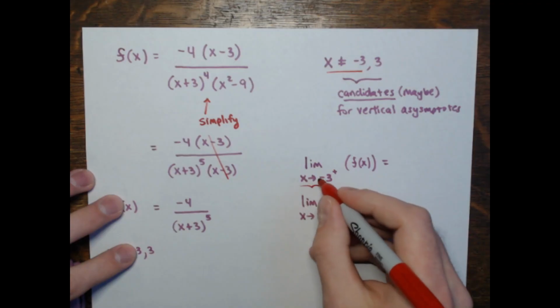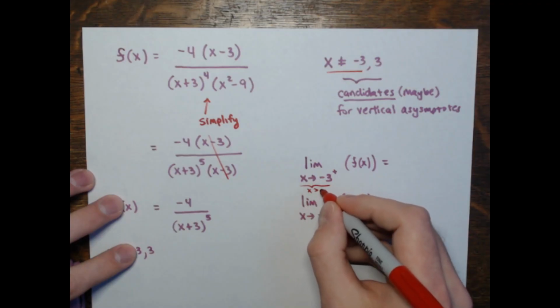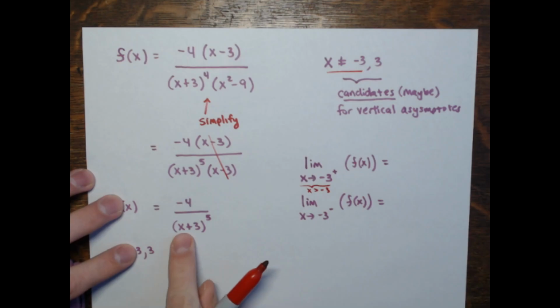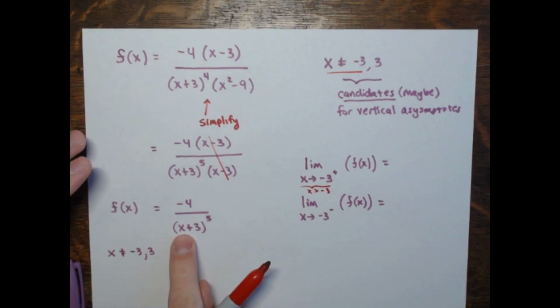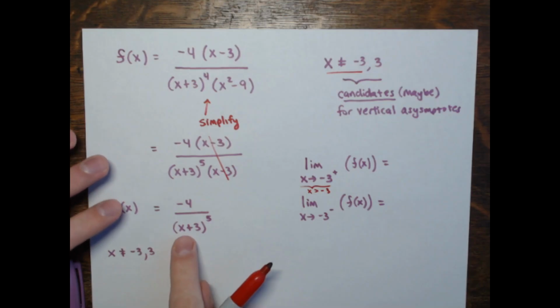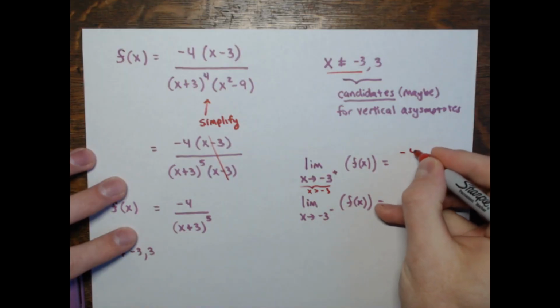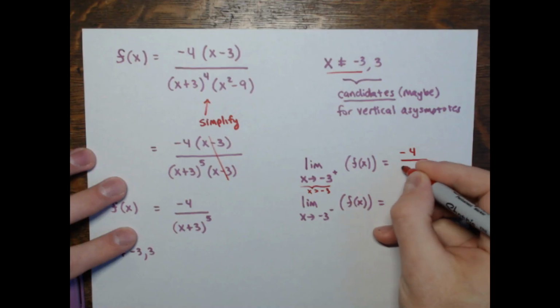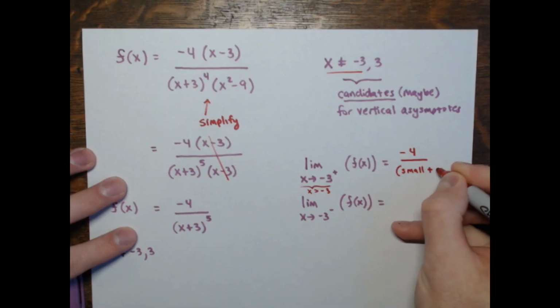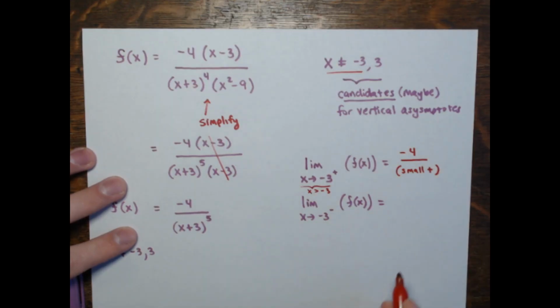when x is approaching negative 3 from the right, that means x is greater than negative 3, like negative 2.9, negative 2.99. If you add 3 to that, that's a small positive value. So I have negative 4 in the numerator, and then a small positive value in the denominator.